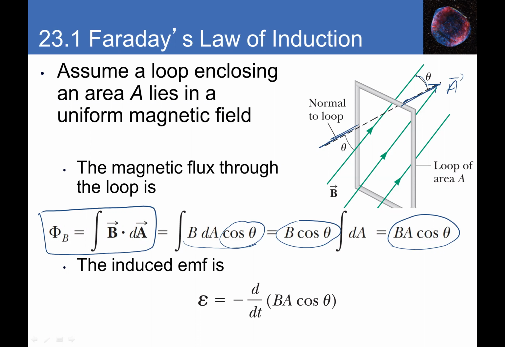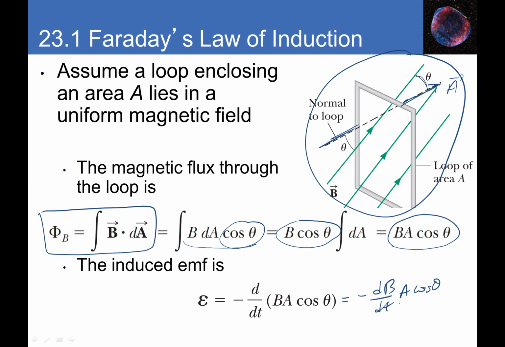Let's say, for example, in this particular case, I start changing the magnetic field strength. Then this becomes negative dB/dt times A cosine theta.